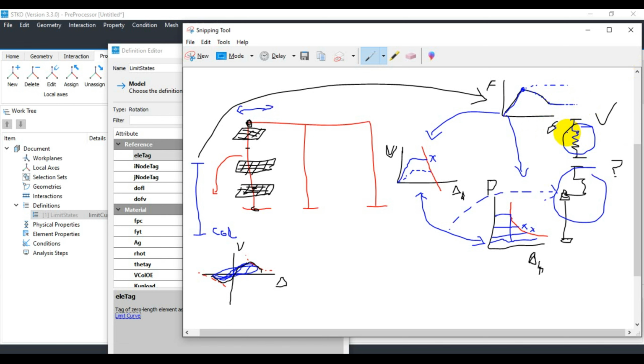So in this lecture I will discuss the general material models that are proposed and implemented in OpenSees for earthquake engineering simulations, and the concepts behind these models.